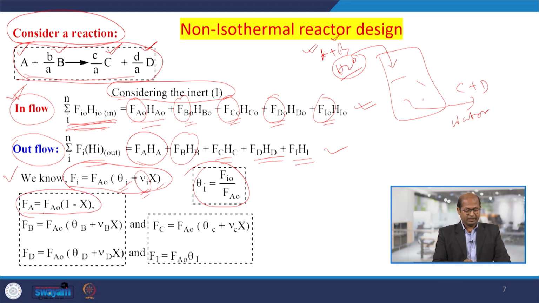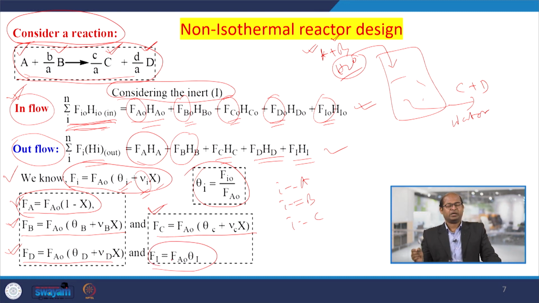Similarly for component A, if i equals A, i equals B, i equals C, you can write, if i equals A then FA equals this, if i equals B then FB equals this, if i equals C then FC equals this, if i equals D then FD equals this. This way we can express the molar flow rate in terms of the conversion, the molar flow rate ratio, and the stoichiometric coefficient ratio.